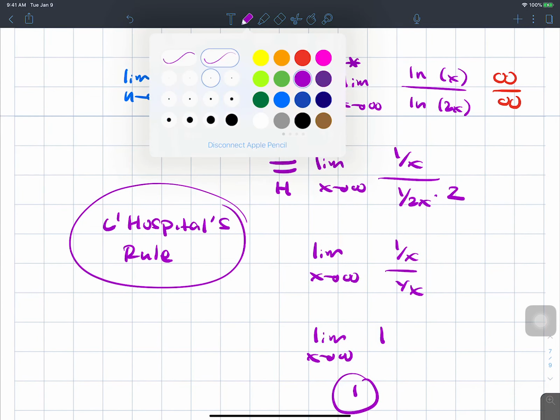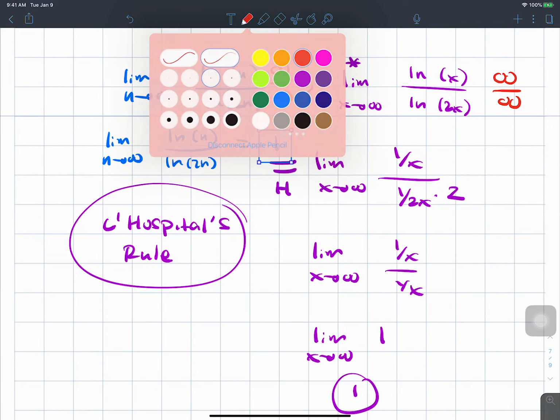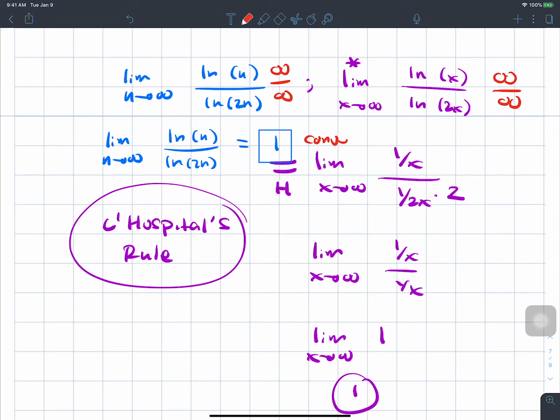So what that means here in blue, we can go back now, and we can say, if the domain is natural numbers, it's also 1. And of course, we have convergence. So you do have to go out to the real variable x for a nice continuous function.